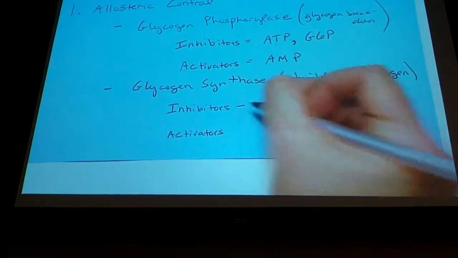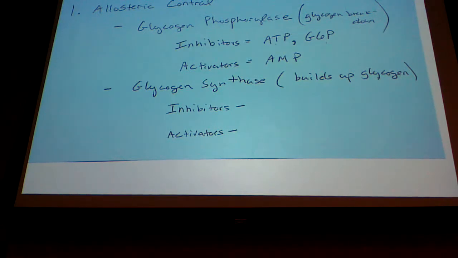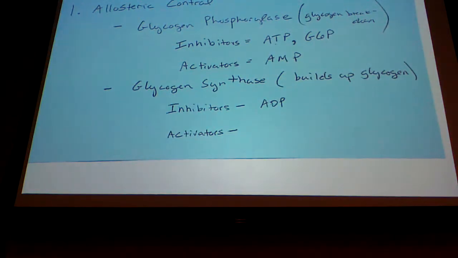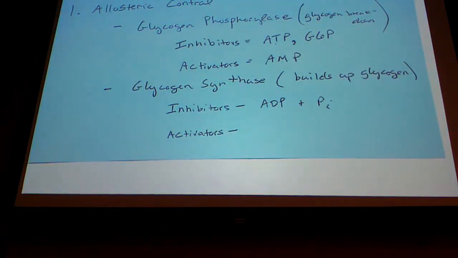If I am desperate for ATP, then I don't want to be using my glucose to synthesize glycogen. I want to be breaking down my glucose for energy. So knowing that, what sorts of things do you think might inhibit? AMP would be the thing you'd think of, but it's actually ATP. And the other thing that goes with that, inorganic phosphate.